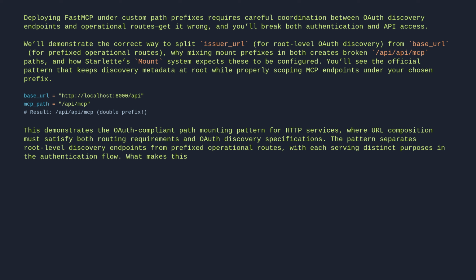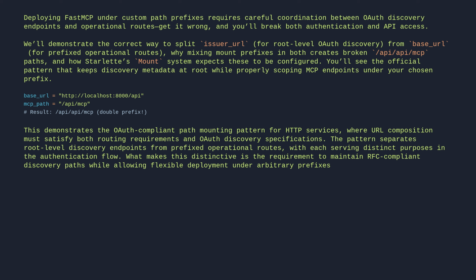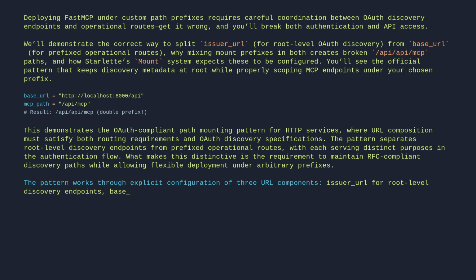What makes this distinctive is the requirement to maintain RFC-compliant discovery paths while allowing flexible deployment under arbitrary prefixes. The pattern works through explicit configuration of 3 URL components: issuer URL for root-level discovery endpoints, base URL for the mount prefix, and MCP path for the internal endpoint.